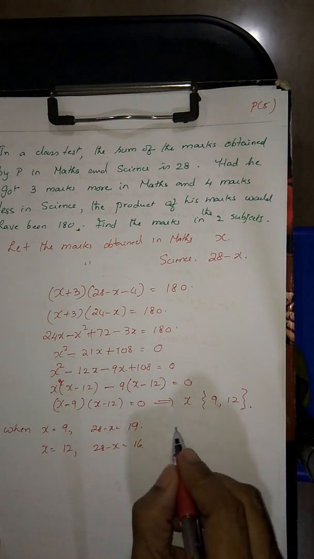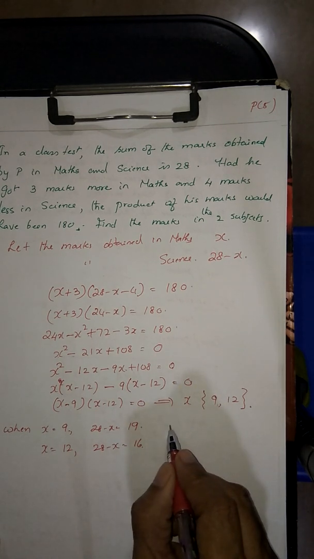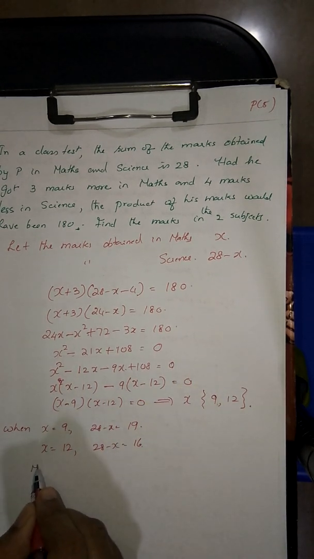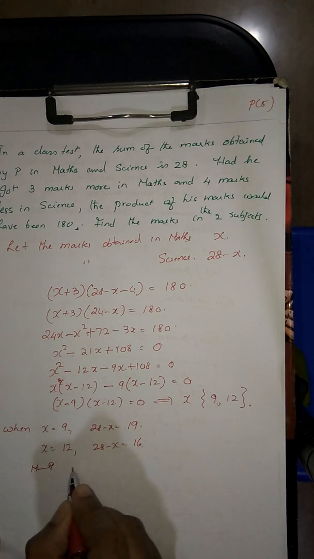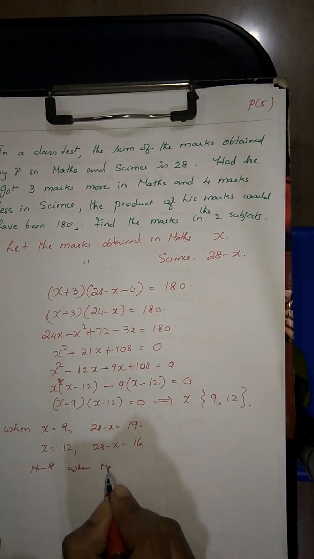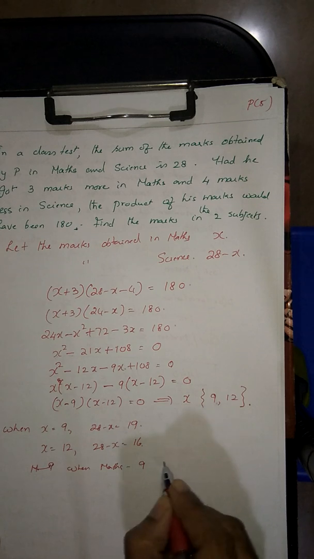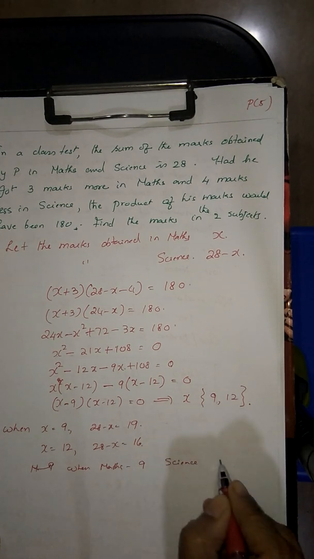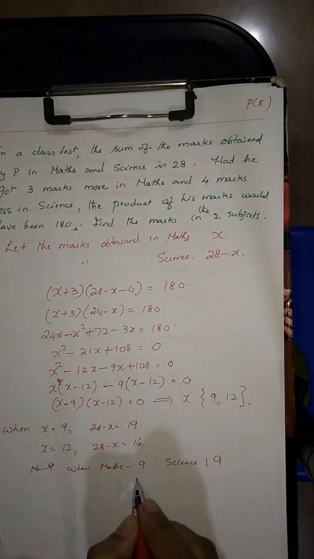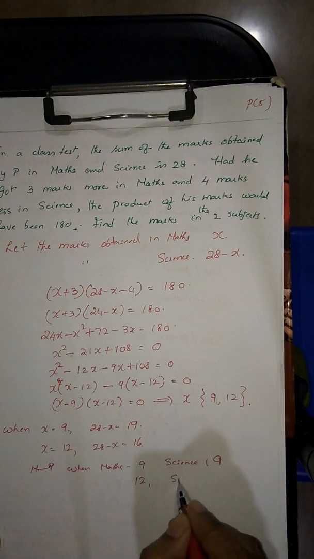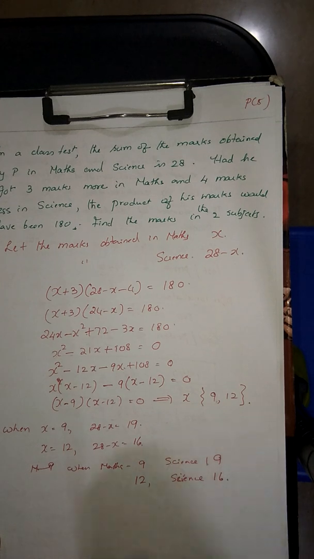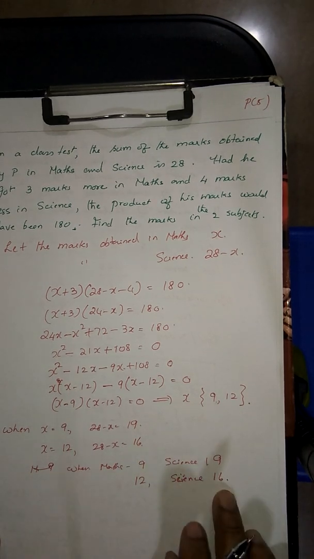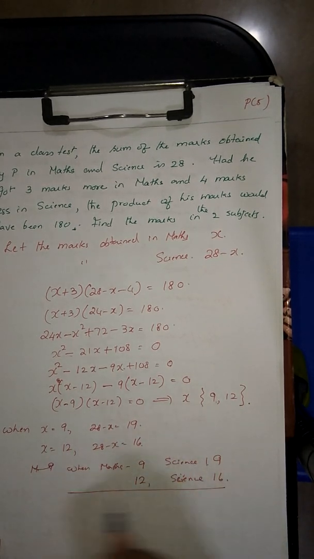So the combination will be, when maths marks is 9, science will be 19, and when maths is 12, science is 16. 12 and 16, and 9 and 19. This is the combination.